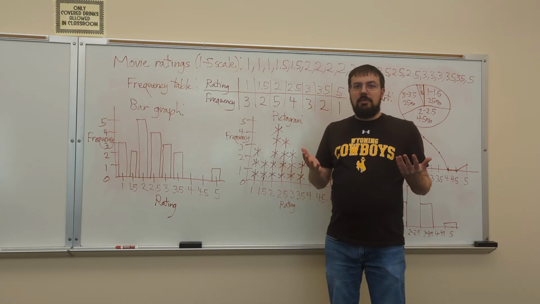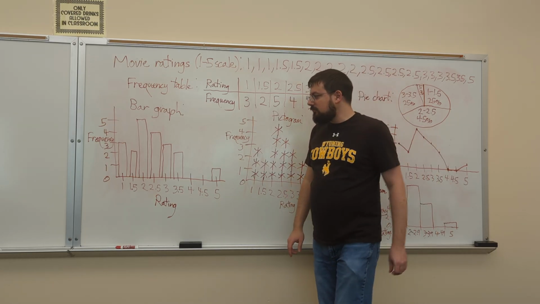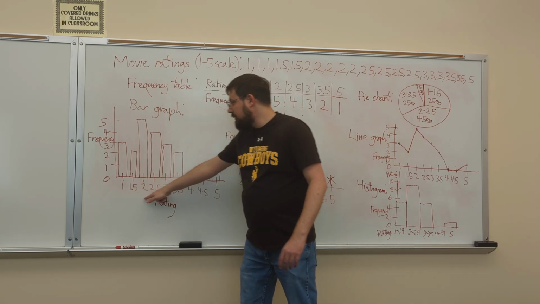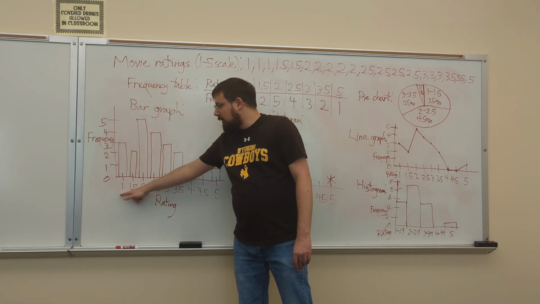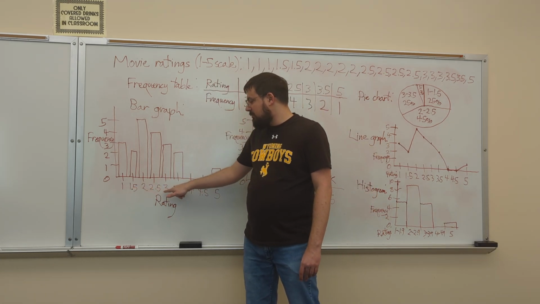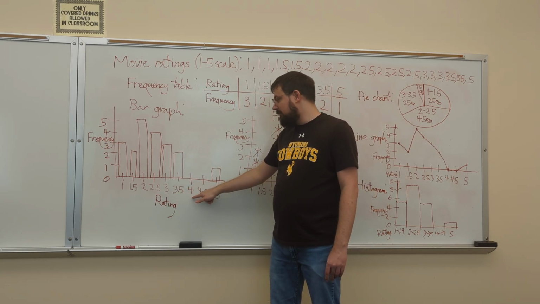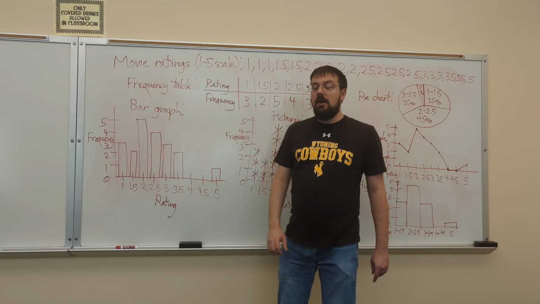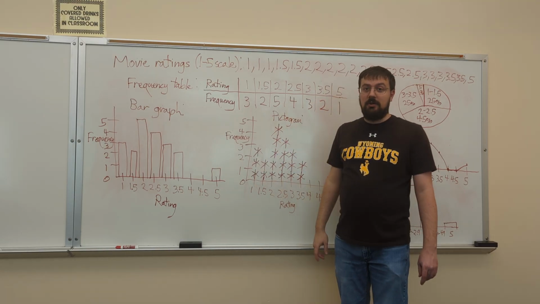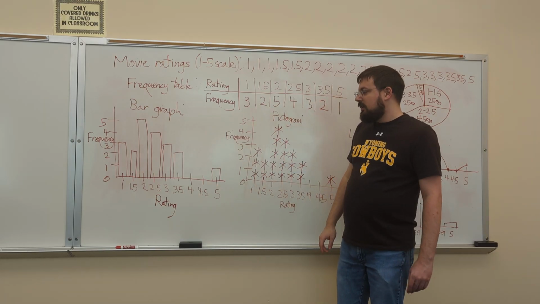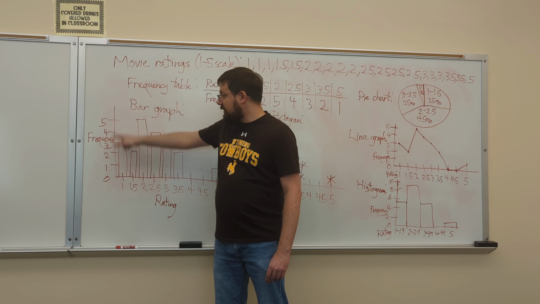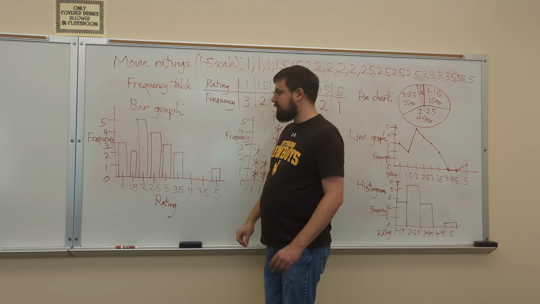The way that bar graphs work, down here on the bottom, we have all of our different possible values for the rating. Note that in this case, we included values that are not values that actually appear in our frequency table. And then over here, we have the frequency on our vertical axis.